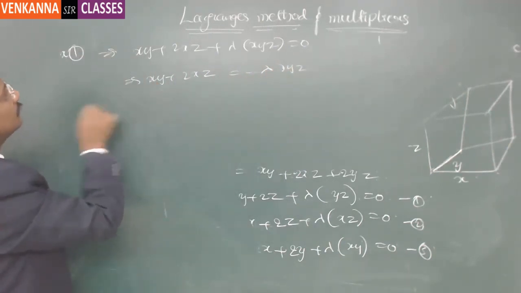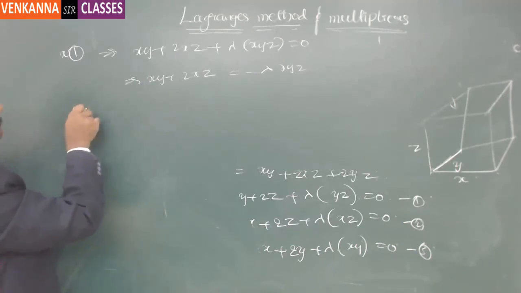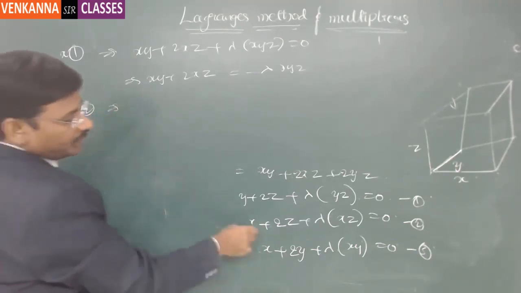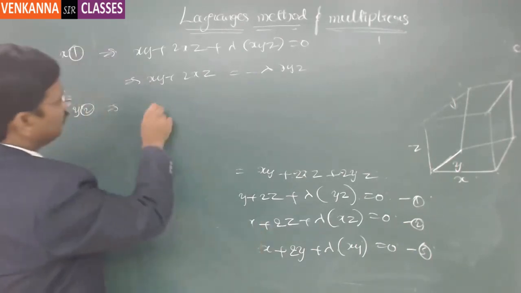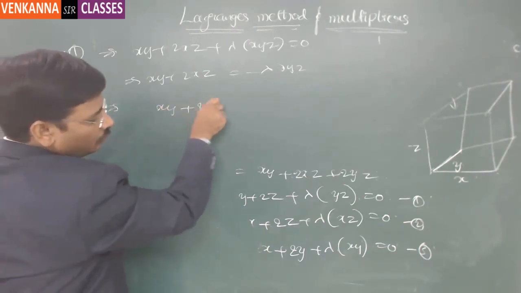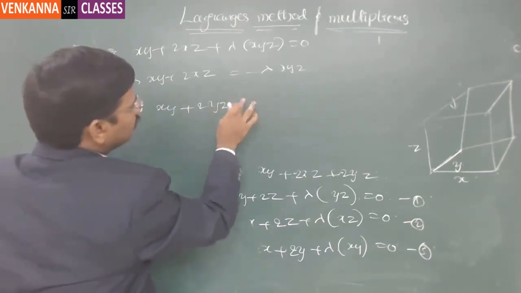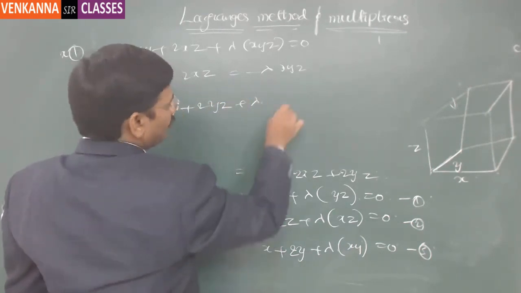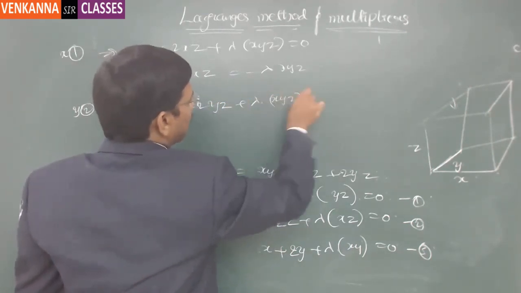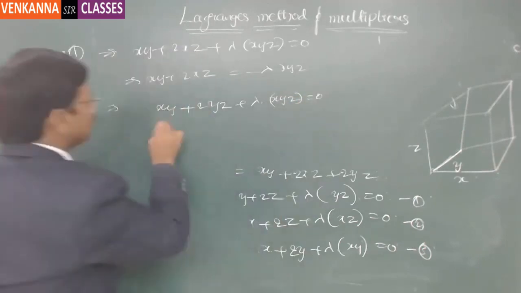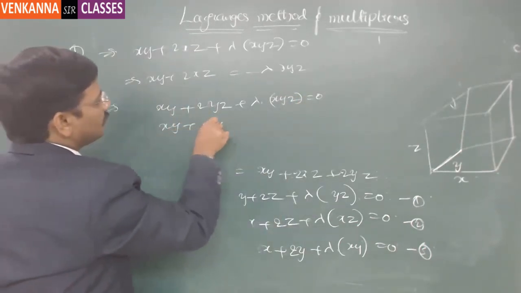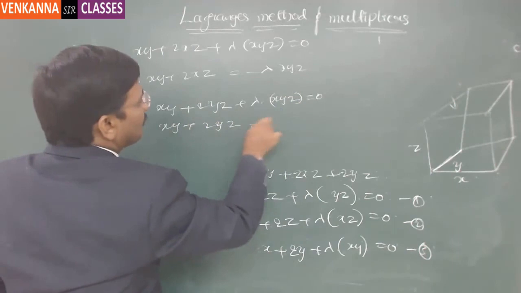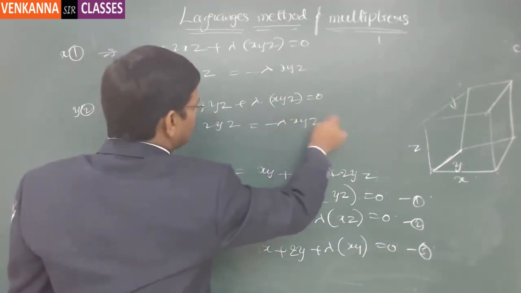Similarly, 2 with y. If you multiply 2 with y, then this will be xy plus 2yz plus lambda times xyz equal to 0. It implies xy plus 2yz equal to minus lambda xyz.